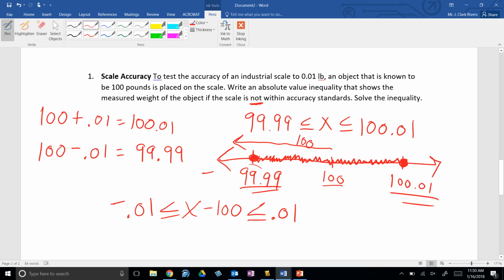And now we have an absolute value inequality like you had been working before. This is the high end, this is the low end, so we can say the absolute value of x minus 100 is less than or equal to 0.01.